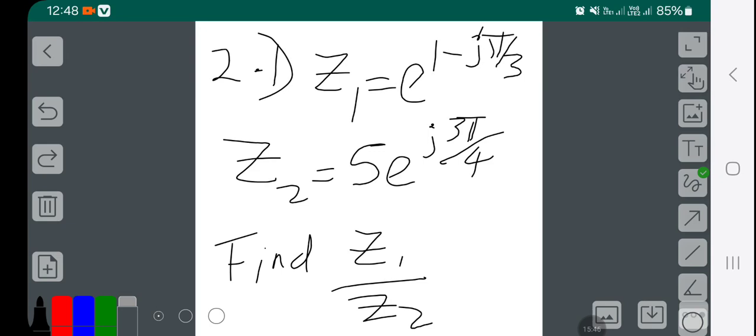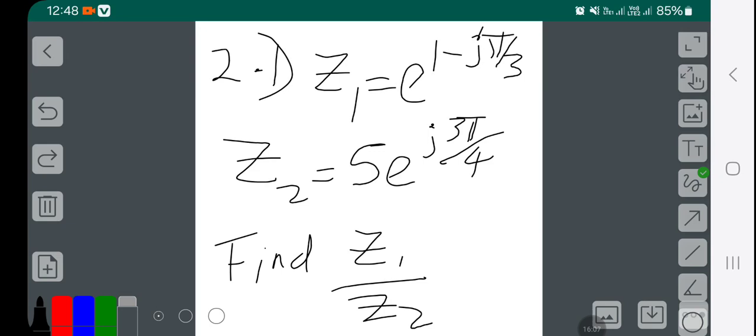Then we need to convert that answer to polar form. As you can see, the question has 3 marks. So let's first look for z1 over z2 using those exponential forms.